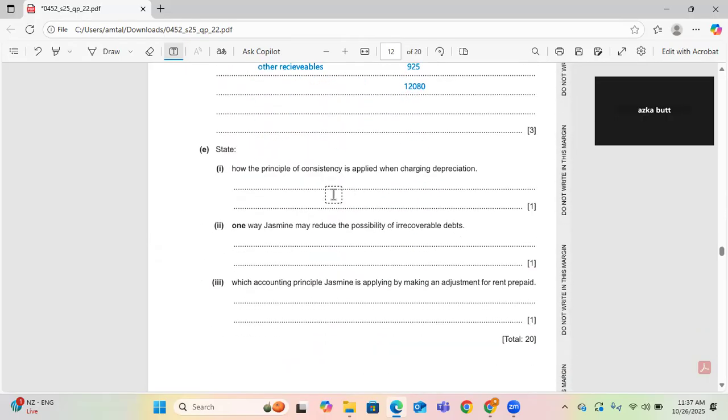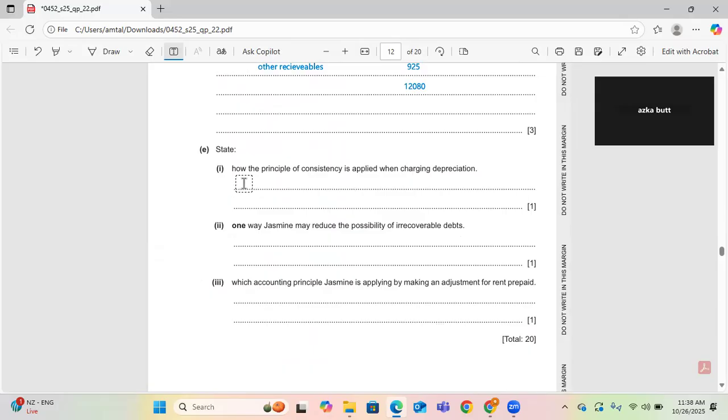How is the principle of consistency applied when charging the depreciation? We have different methods to charge the depreciation: reducing balance method, straight line method, and revaluation method. Consistency means that whenever you have selected one method for depreciation, you have to be consistent with that.